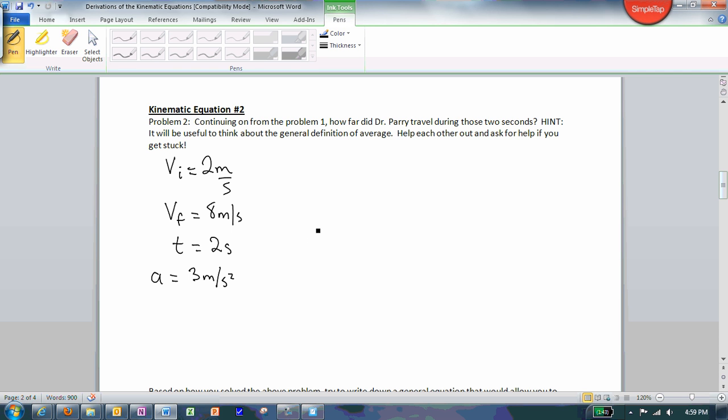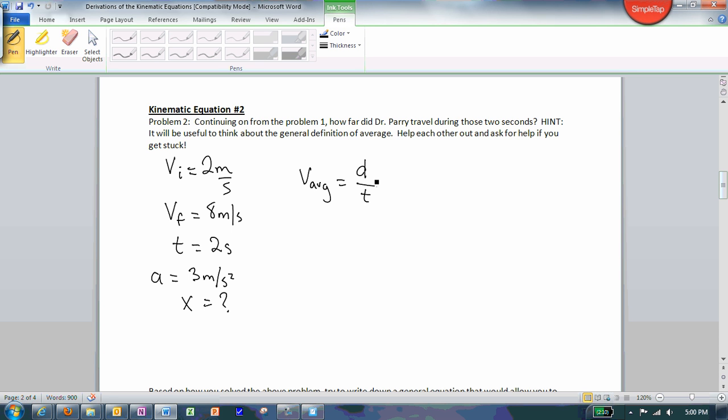So as we're looking at this information, we're trying to find the displacement. We have to consider that we don't have one straightforward equation that will solve for the displacement for us. So we begin by looking at the fact that we have been talking about averages, and we know that the average velocity is equal to our displacement over time.